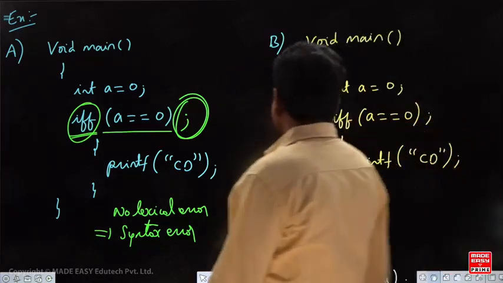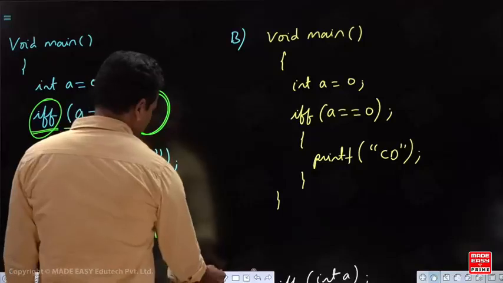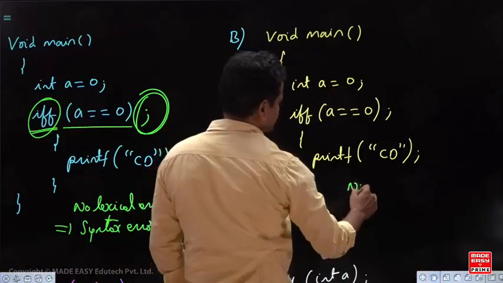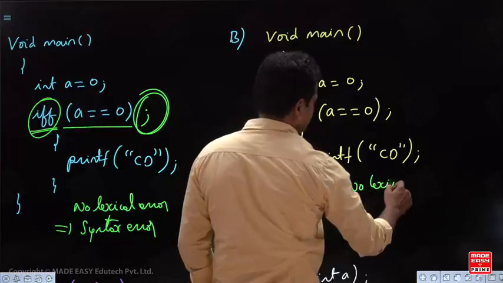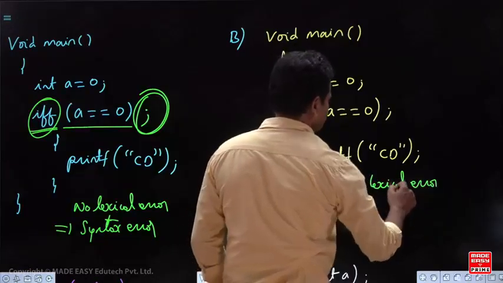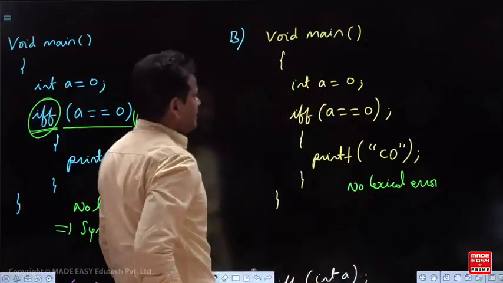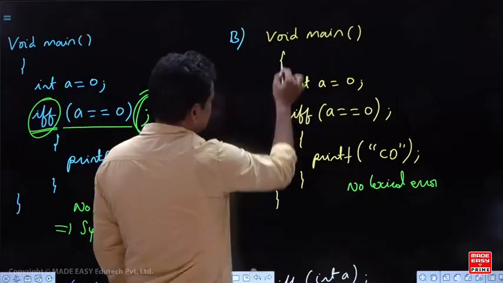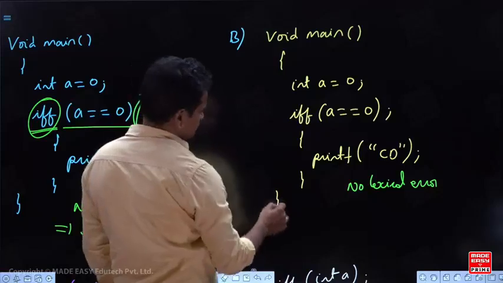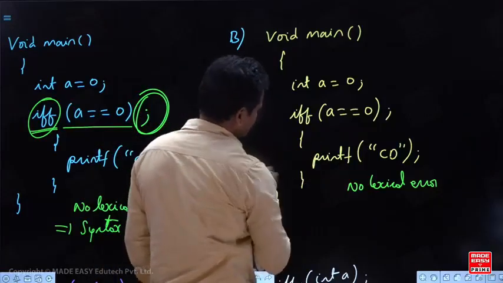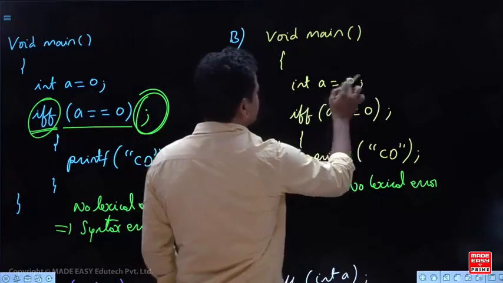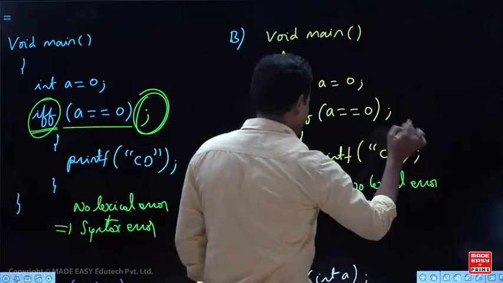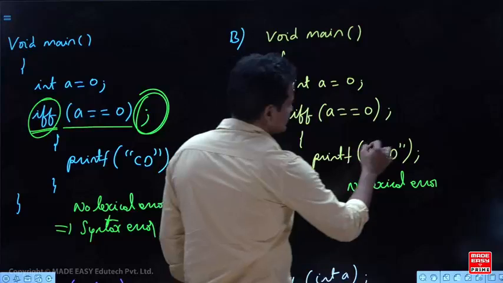Now, look at this B. Here everything can be converted into tokens, so no lexical error. Even syntax is fine: open parenthesis, closed, open braces, closed braces, and the statement ends with a semicolon, this function call also ends with a semicolon, and this printf also ends with a semicolon, and this is a matched string.